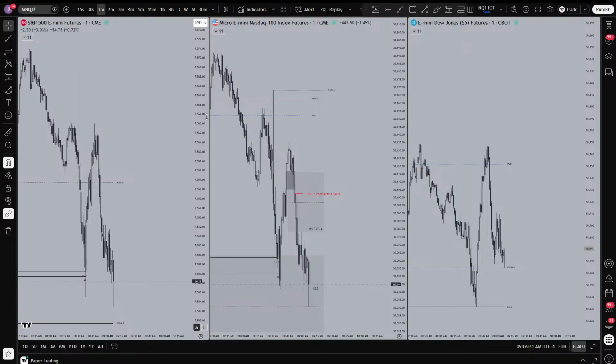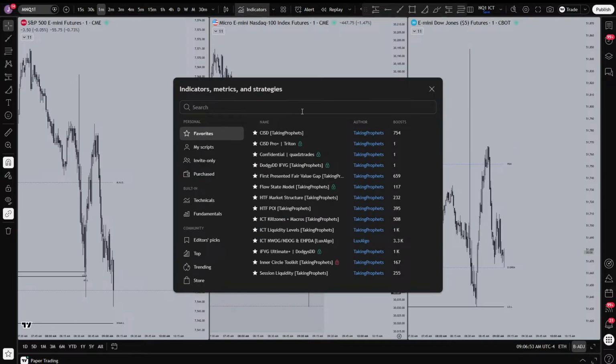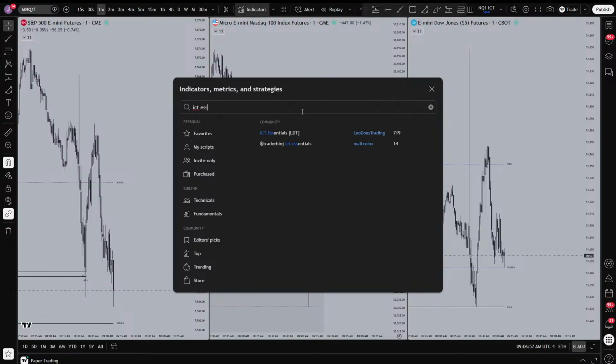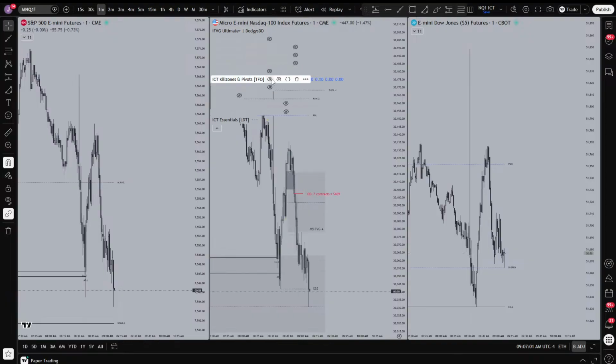Trying to use ICT essentials for liquidity instead. Has equal highs, equal lows, daily highs. Oh, NCR, is that what you're saying? Hold on, let me try. ICT essentials. Let me see this real quick.